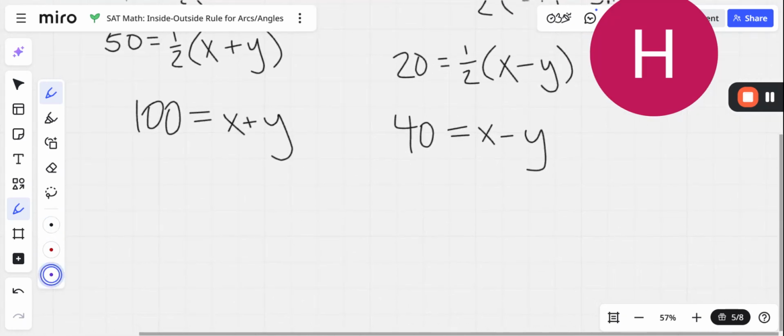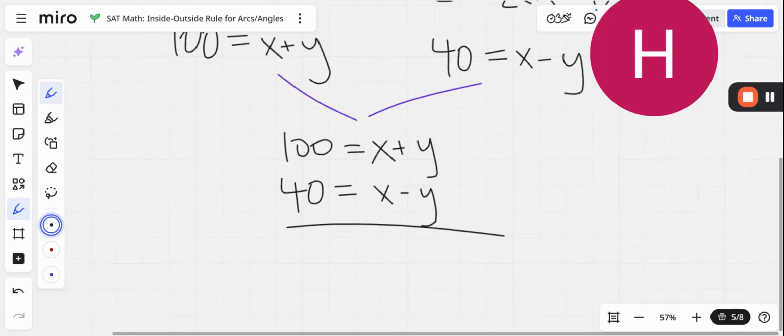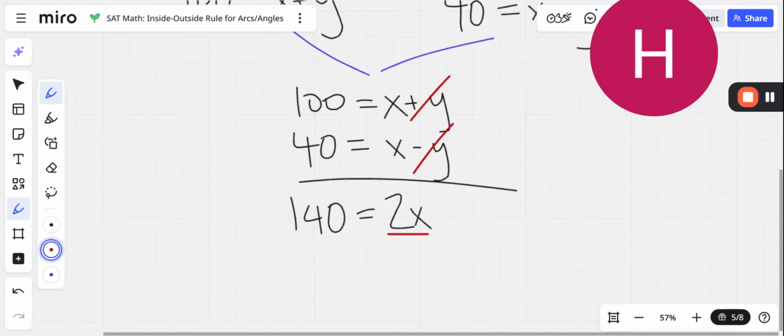So how do we solve this? Very SAT-like, right? We need to solve for x and y. We can just kind of stack them. 100 equals x plus y, and then below that, we'll have x minus y. So let's add these equations together to get a really nice result, because the y's are perfectly canceling each other, leaving us with a total of 2x equal to 140, and of course x equals 70.